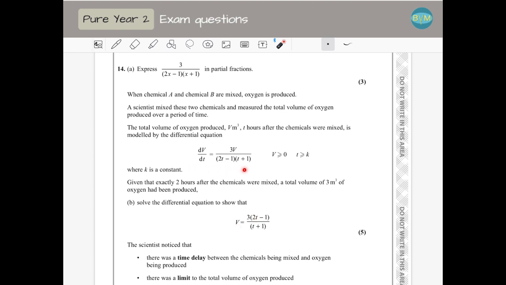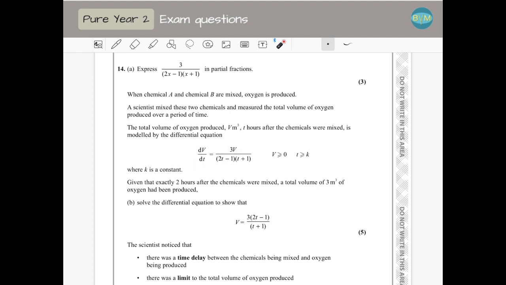So what we are going to do is solve this differential equation. Remember, to solve differential equations, I'm going to put all the V's together and all the t's together, and then integrate. So I'm going to put this dt here, to have dt divided by this expression, and this V under the dV.